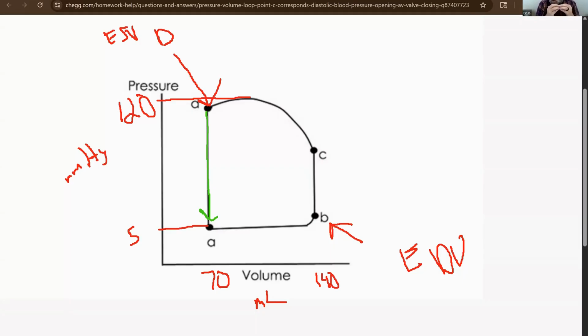So the only way we can move blood from the left atrium to the left ventricle is if the left ventricular pressure is lower than left atrial pressure. The only way we can do that is to have it relax so much that the pressure drops to 4, 5, 6, 7, somewhere around there. And so that is why we see the left ventricular blood pressure drop all the way down to about 5 millimeters of mercury. Both Caleb and Nadeem, you guys hit the nail on the head from other sides.